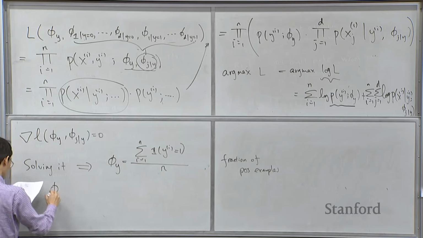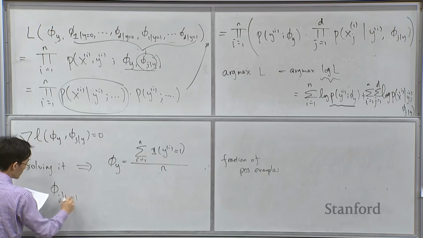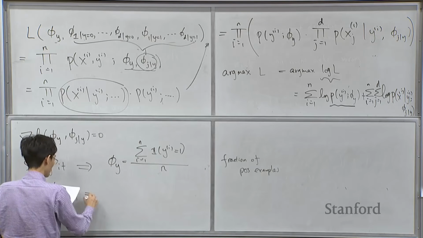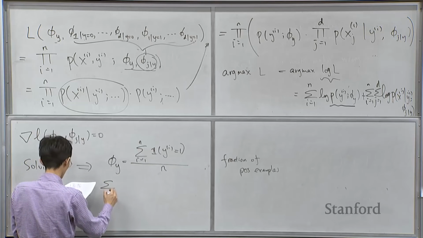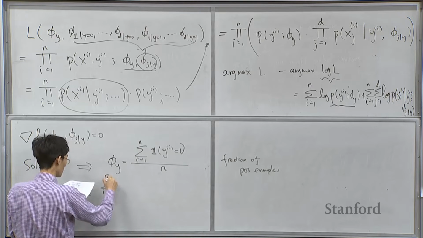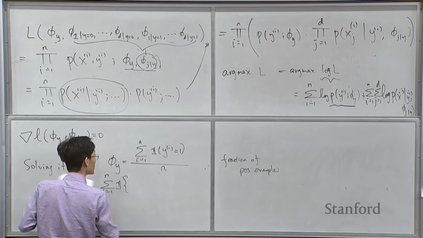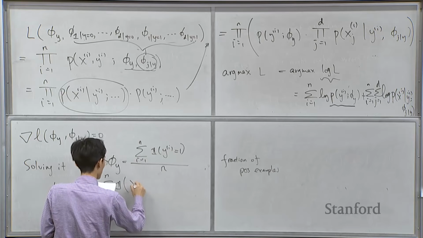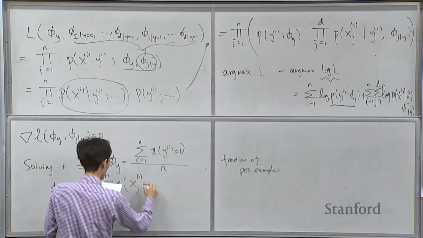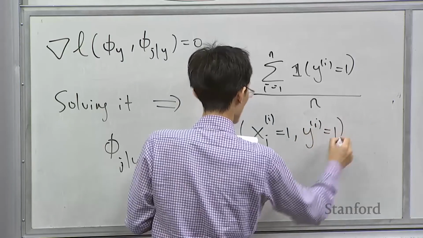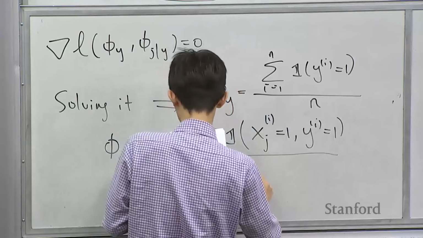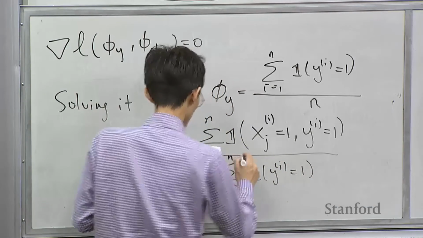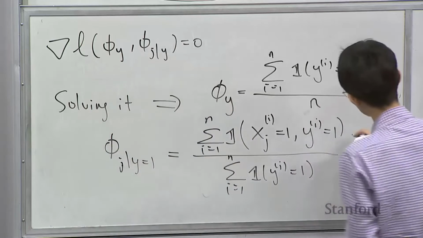And then phi j given y is 1. This is the probability to see xj is 1 given y is 1. It turns out that this is also something simple. So maybe let me write down the formula and then interpret it. So what is this numerator?